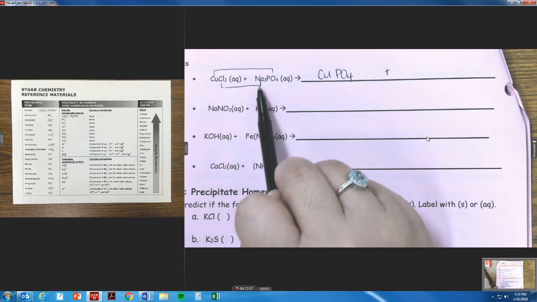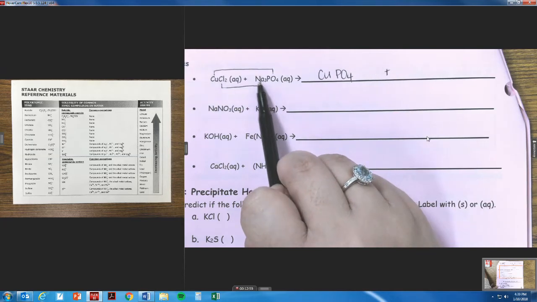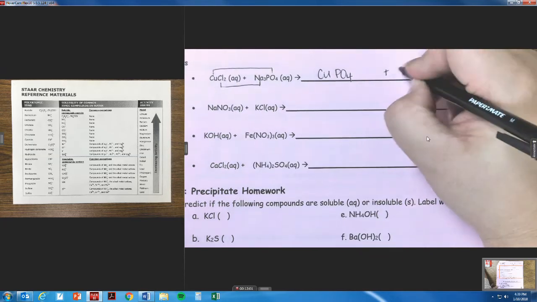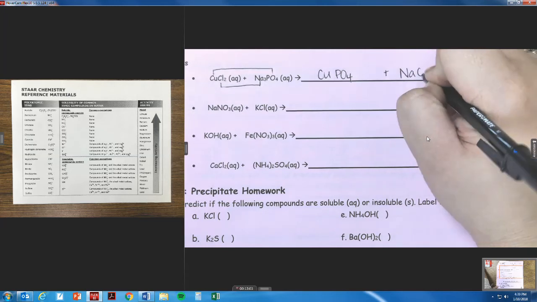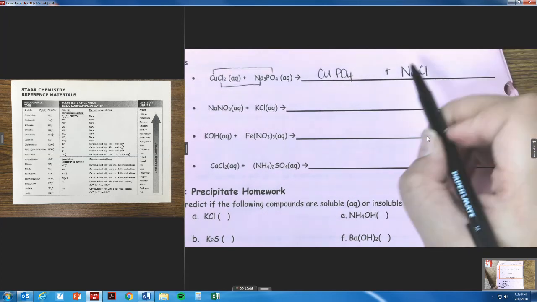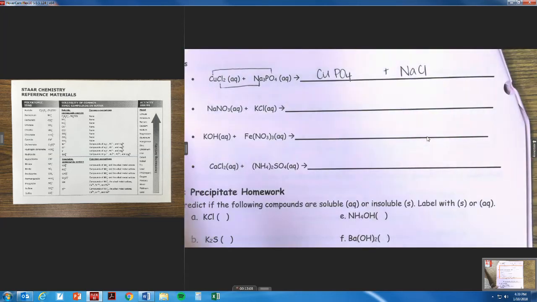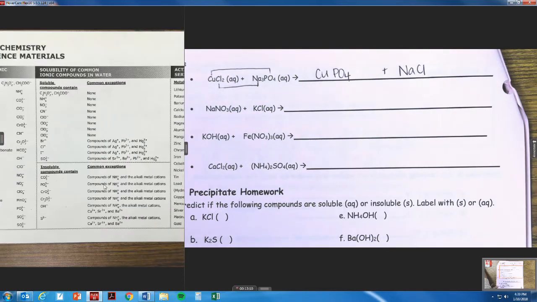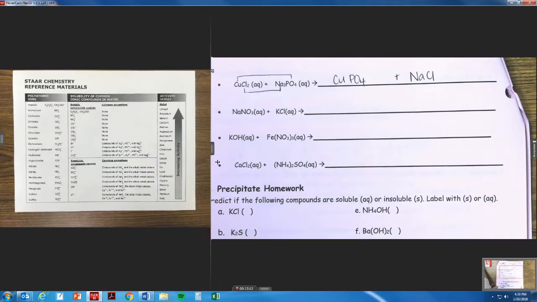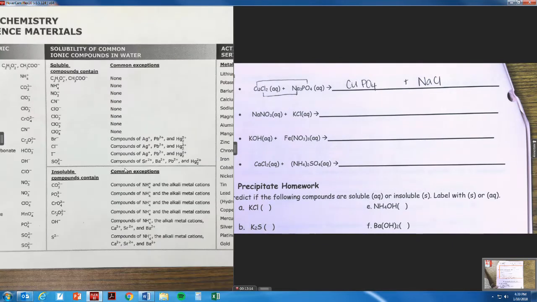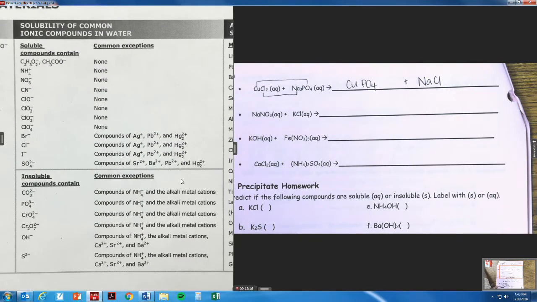Okay, and then our next compound would be sodium and chloride. Remember, positive always goes first. Let's go ahead and take a look at our solubility chart. So we have copper phosphate and sodium chloride.